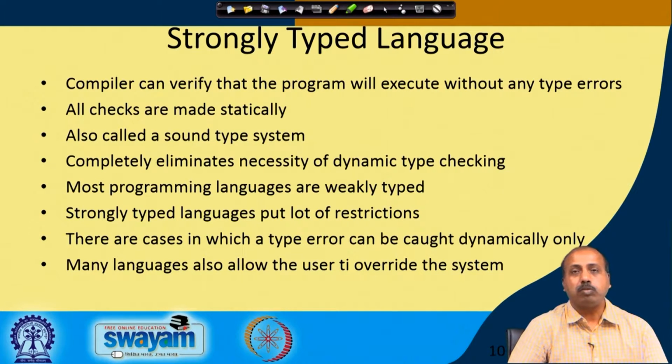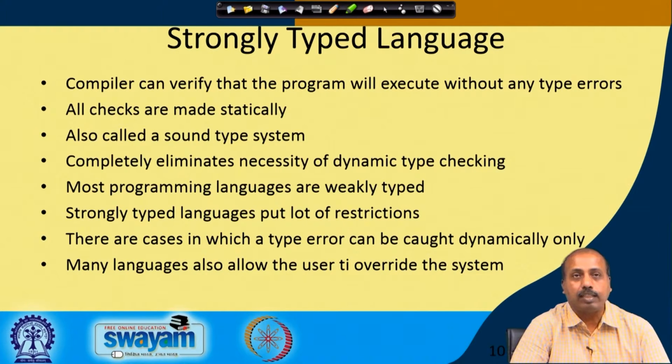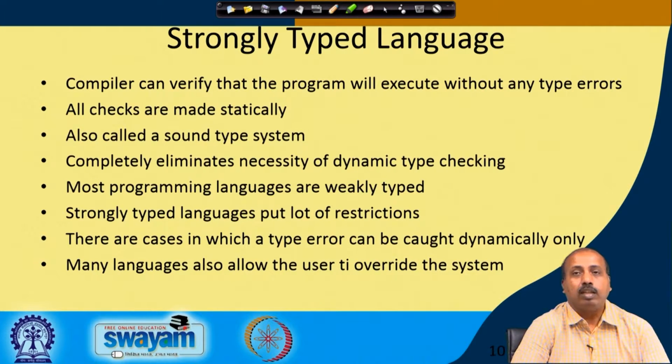Now, if you look into the languages, they can broadly be divided into two classes. One class is called strongly typed language, where all the variables, all the functions, all the identifiers that you have in the program, their types are well defined. Either they are explicitly defined or they are implicitly defined. Why do I say so?